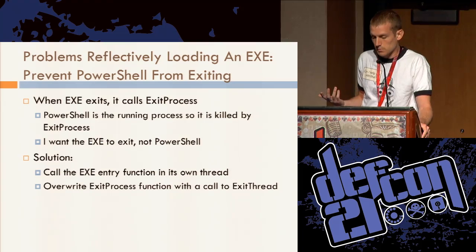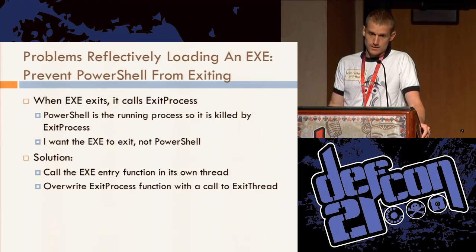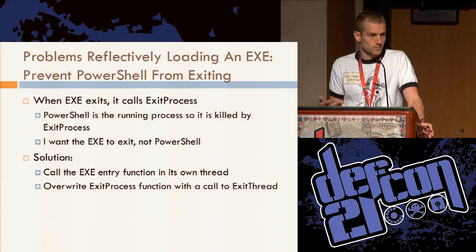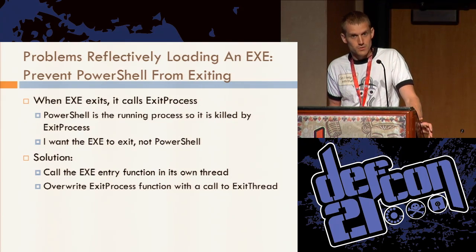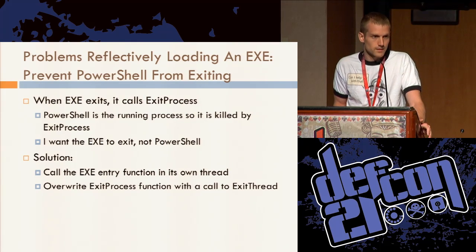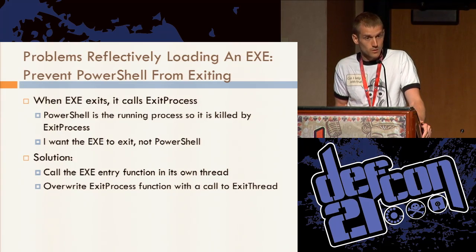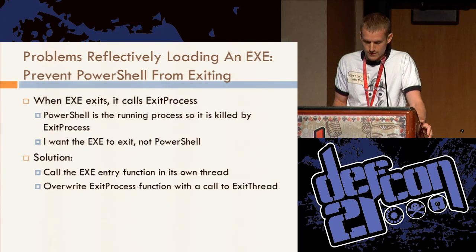So as an example, normally when an exe exits, so the exe that you reflectively loaded runs and quits, it's going to go and call exit process because it thinks everything is done. But the problem is that that's actually going to kill the PowerShell process because that's the process that's actually running. And that's not ideal because you probably wanted to see the output from the exe that you just ran, and if PowerShell just dies you can't.